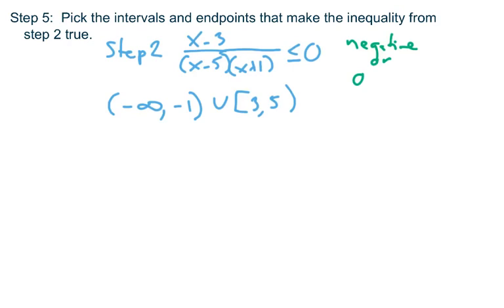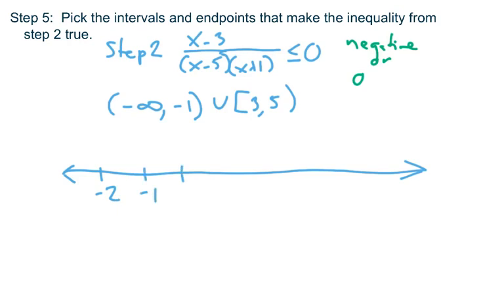And if you want to represent, you can leave the answer like this, it's in interval notation, but if you also want to represent this on a number line, you could go back to the number line that we drew in our sign chart, but that's getting pretty messy at this point. So you might just create a nice fresh one.